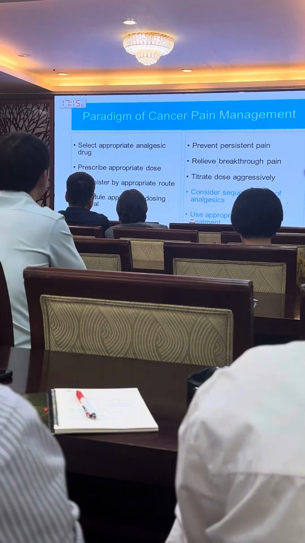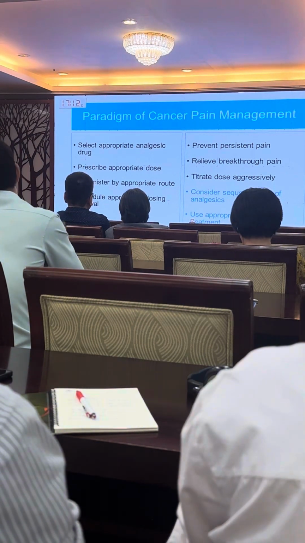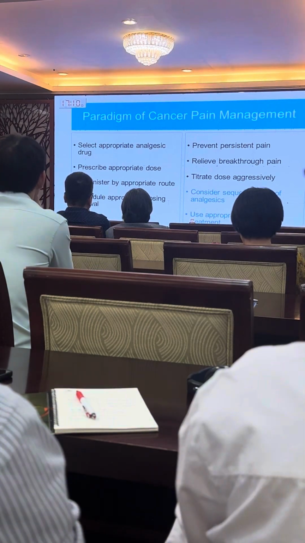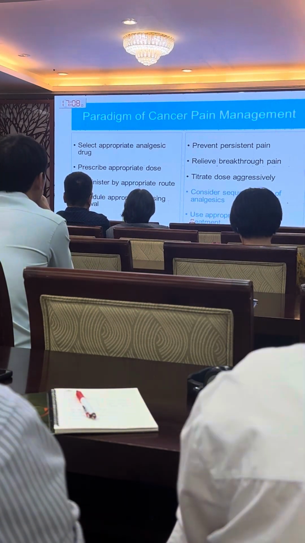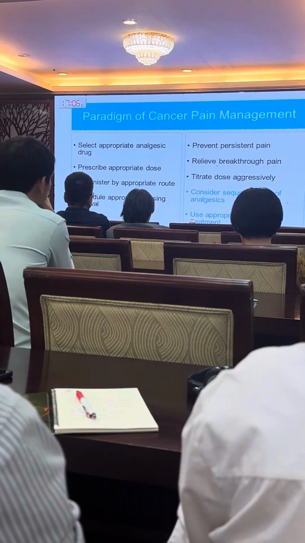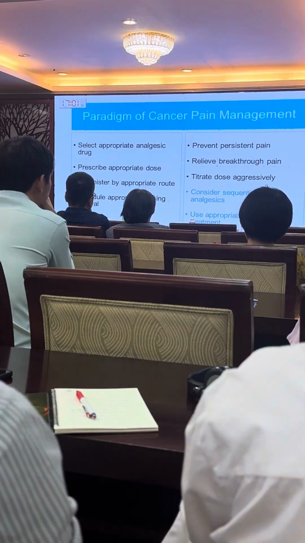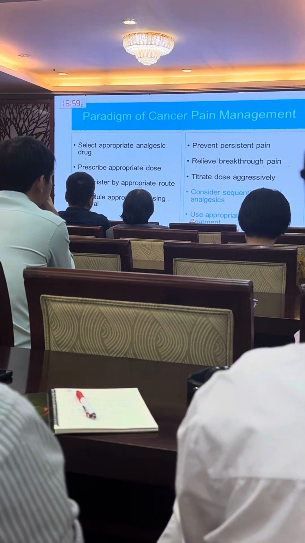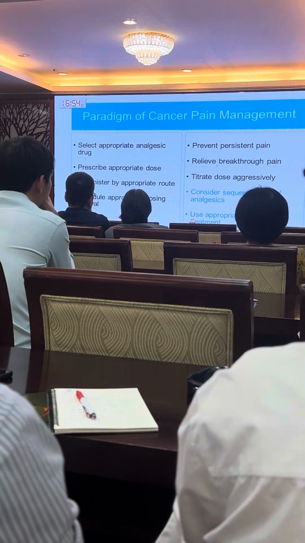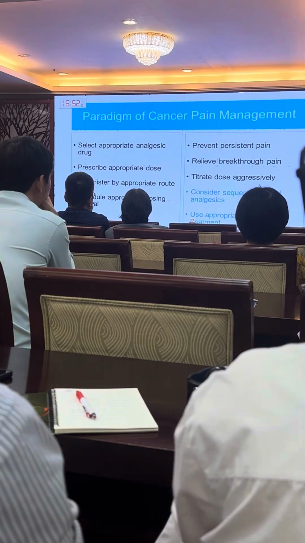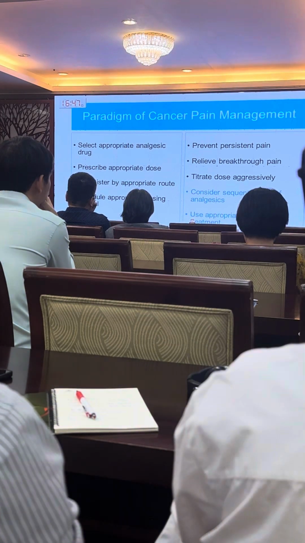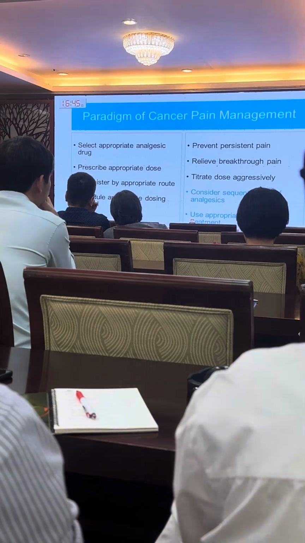And then we schedule the appropriate dosing interval because each opioid has a definite interval or duration of action. And very important, for patients who have continuous or persistent pain, we have to prescribe analgesics on an around the clock basis, like a regular basis. And we have to provide the PRN doses for breakthrough pain as well.